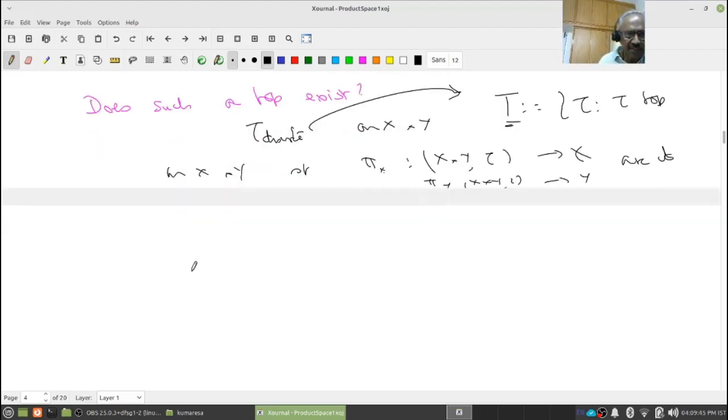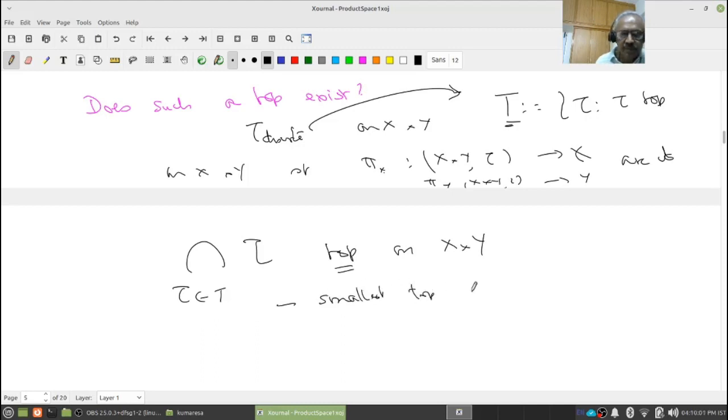And we know the intersection of topologies is again a topology on X × Y. And it's easy to see that this will be the smallest topology making π_X, π_Y continuous.